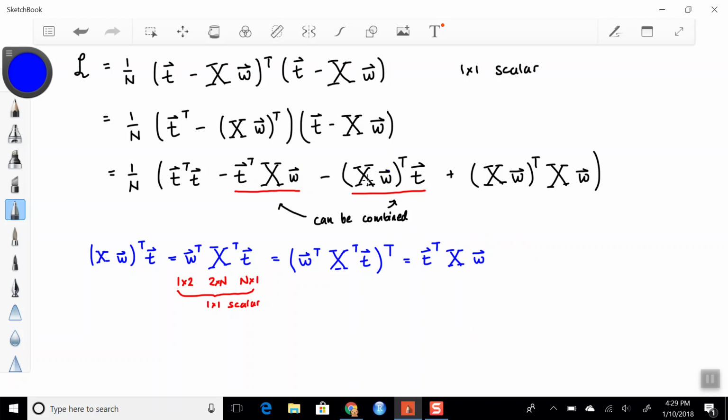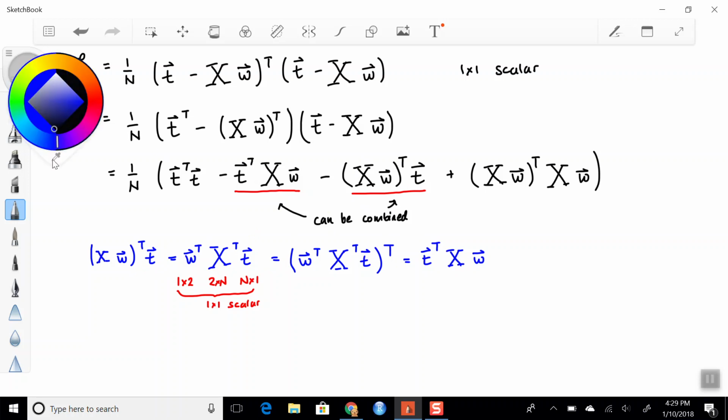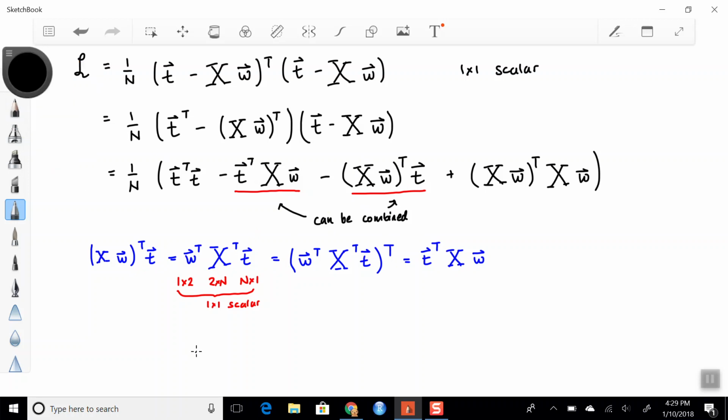So if I take this and expand things out, they can be combined.